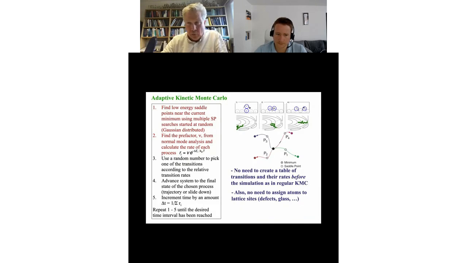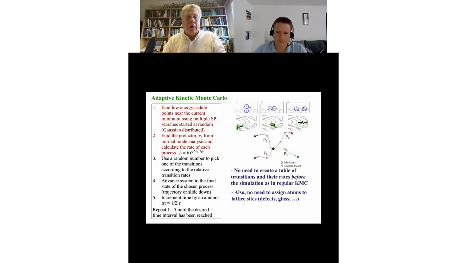which is different from the normal kinetic Monte Carlo simulations in that you don't have a table beforehand. You don't construct beforehand the table of all possible events in the system, but rather here, for atoms 1 and 2, shown in red, you are actually generating the table of possible events and finding the rates from the saddle point searches.